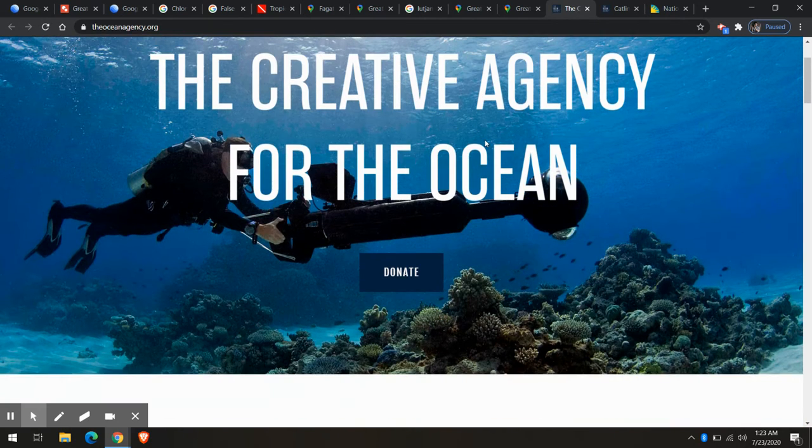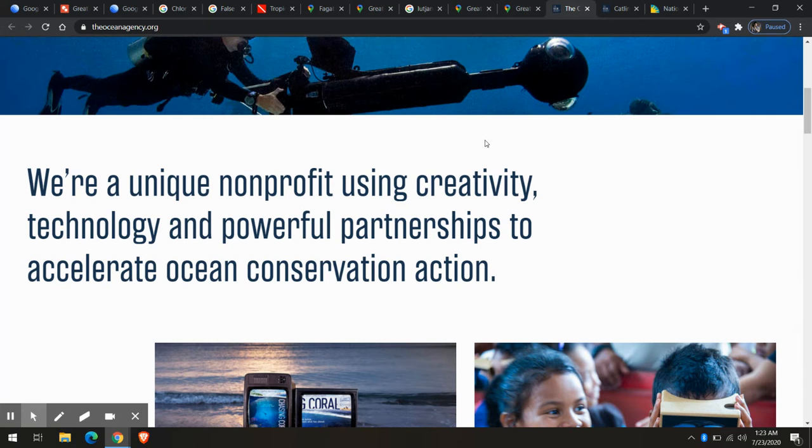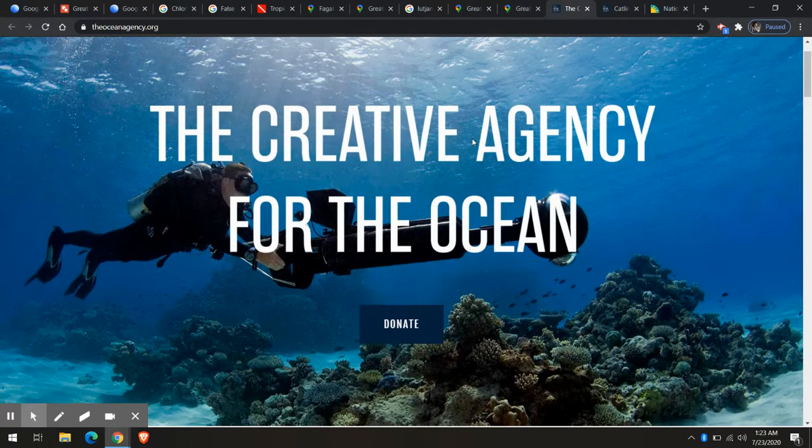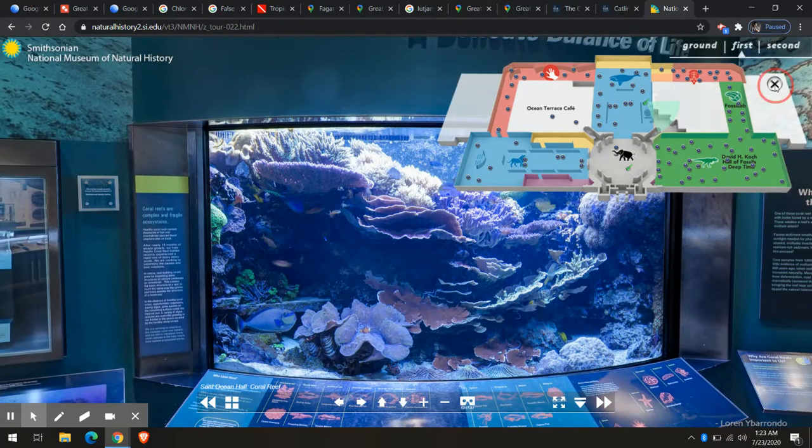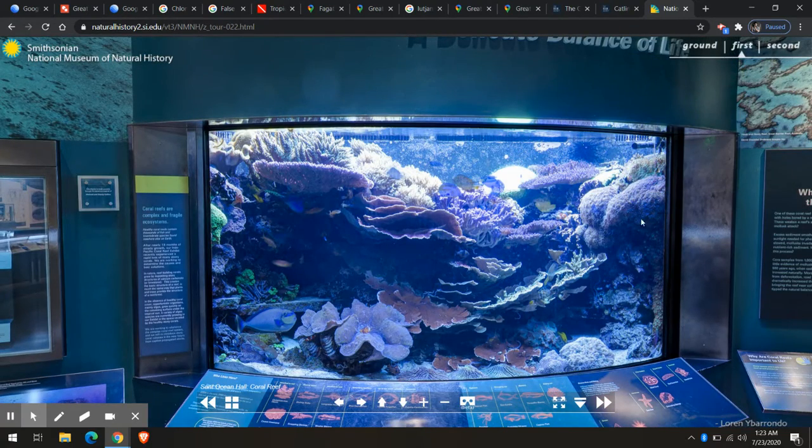We need humans. One of our main roles is to be good stewards of the environment, to protect delicate ecosystems like reefs. Organizations like the Smithsonian and museums, and if you ever get a chance to go to an aquarium. The Smithsonian is not an aquarium, it's a museum, but they actually do have a small aquarium.